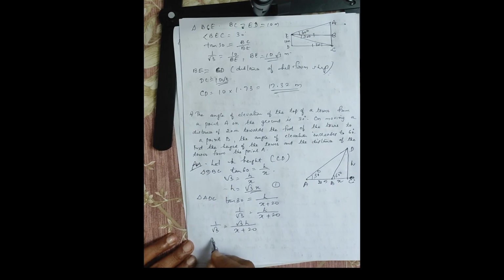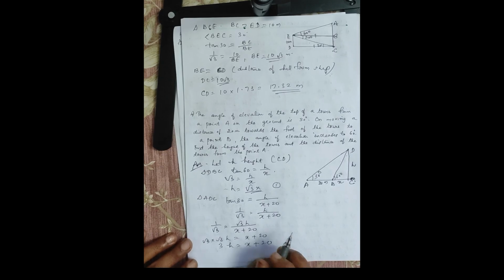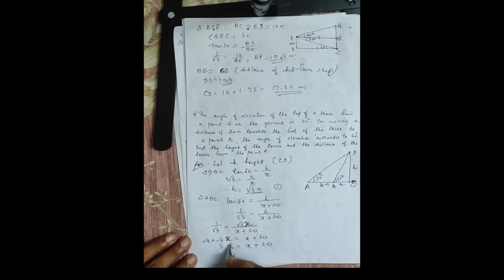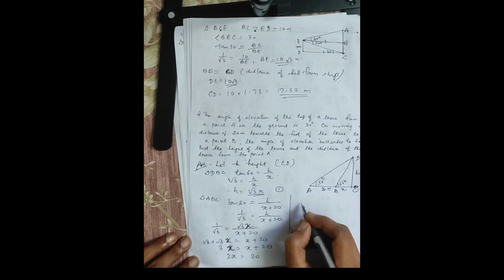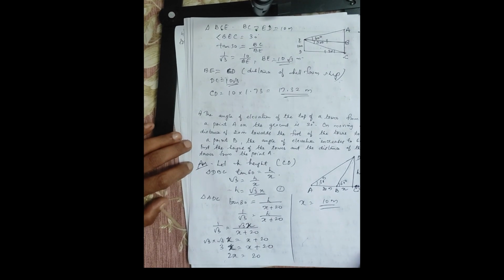So cross multiply root 3 into root 3, x equal to x plus 20. So 3x equal to x plus 20. Okay, so this will be 2x equal to 20. So x will be 10. X is equal to 10 meters.